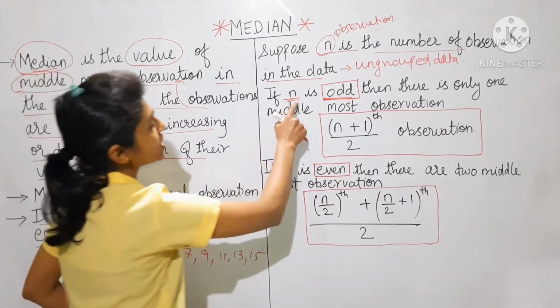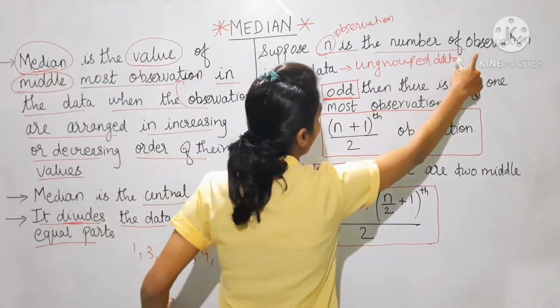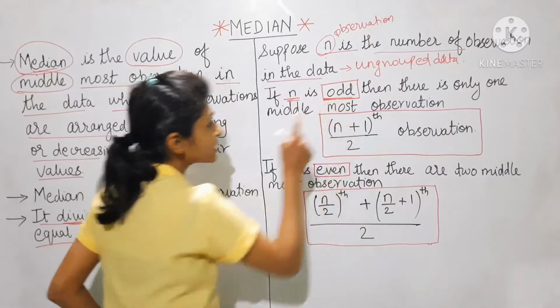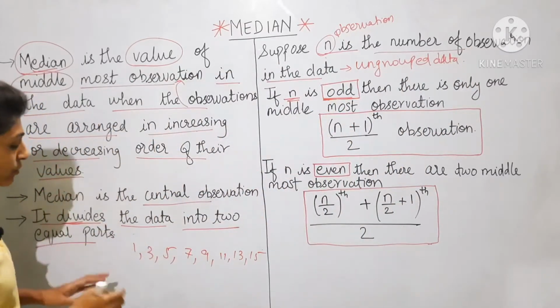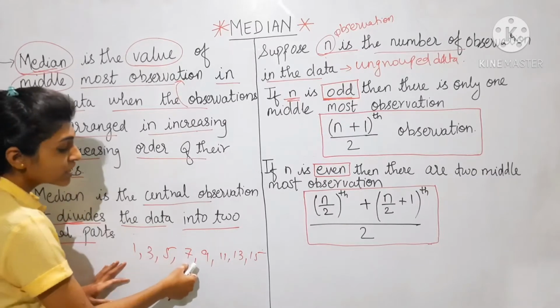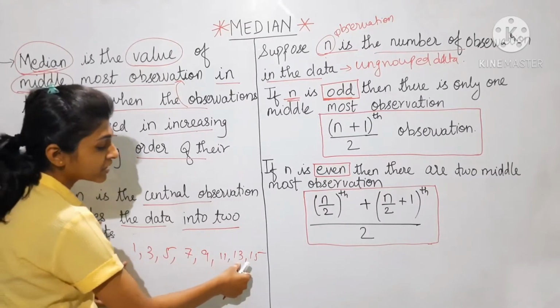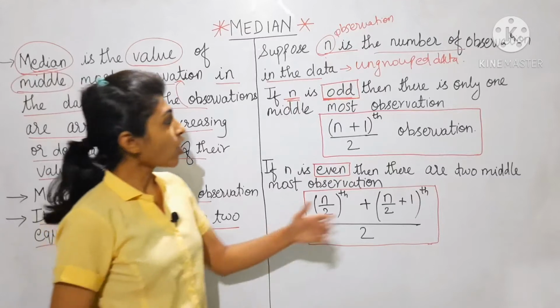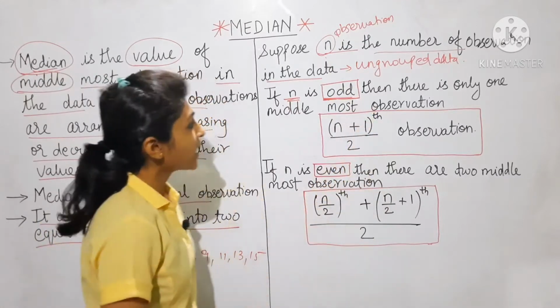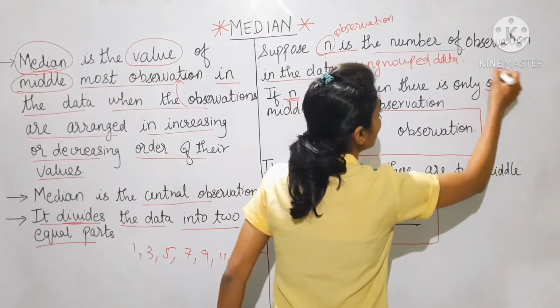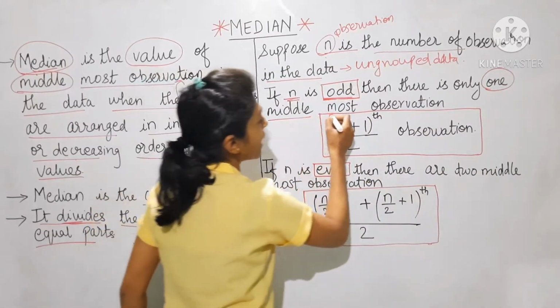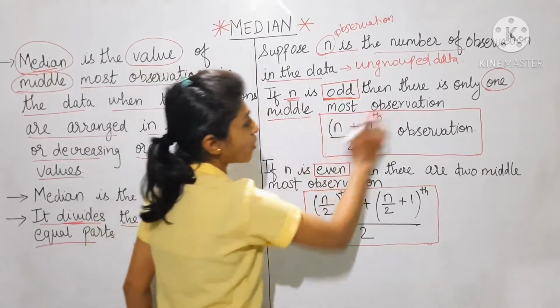Suppose the number of observations is odd, like 1, 3, 5, 7, 9, 11, 13, 15. If the number of observations is odd, then we will have only one median, only one middlemost observation.